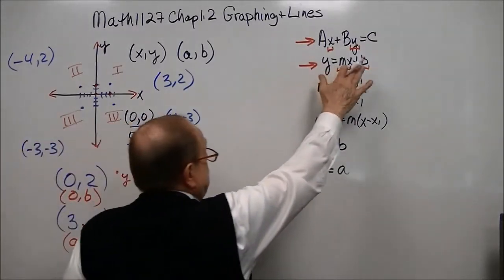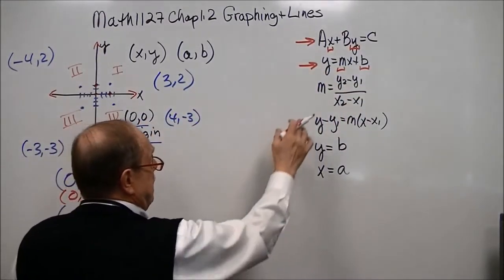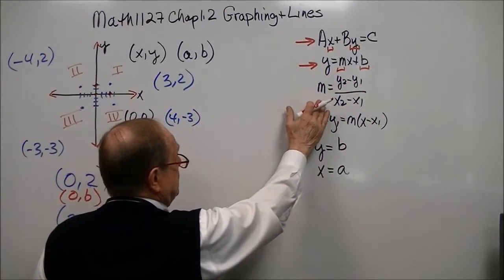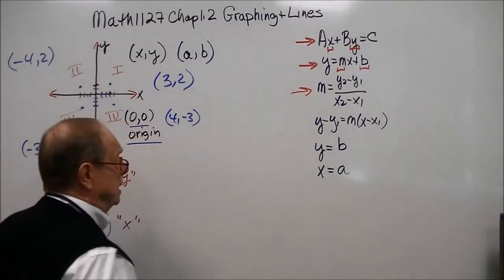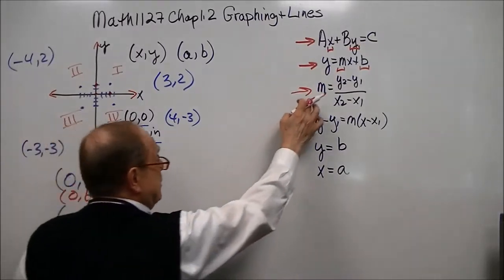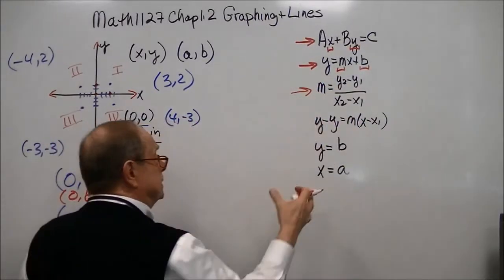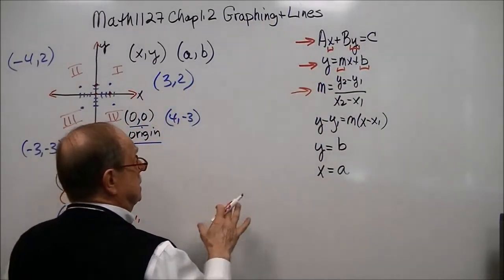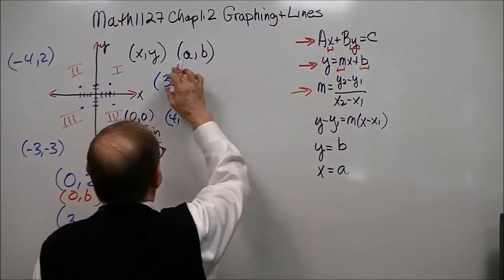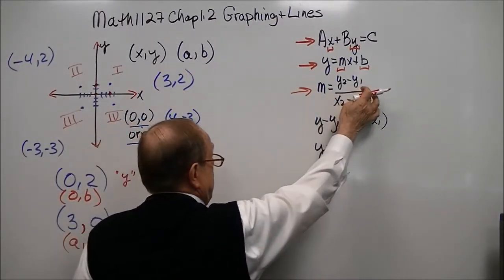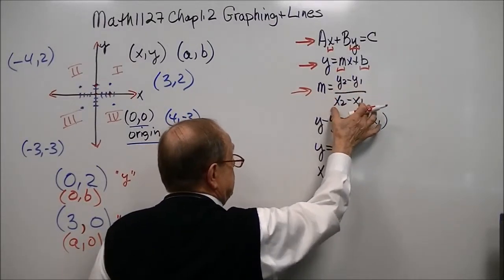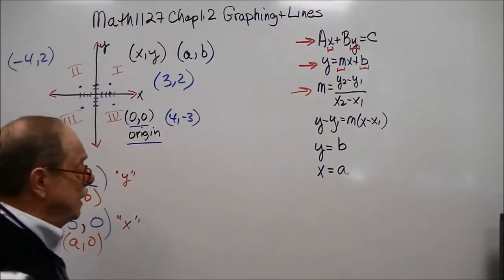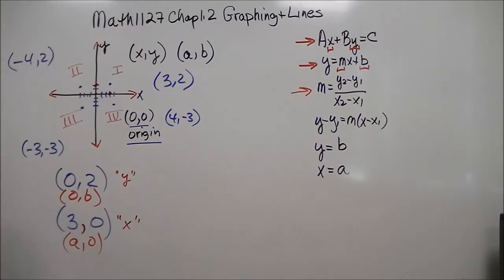And we'll get to this in a moment. Now, in the case of this formula, this is the slope formula. That is, m is the slope, and we can find the slope of an equation, if we have two ordered pairs, by putting the values of the coordinates into this formula. You'll see some examples of that too as we go on.